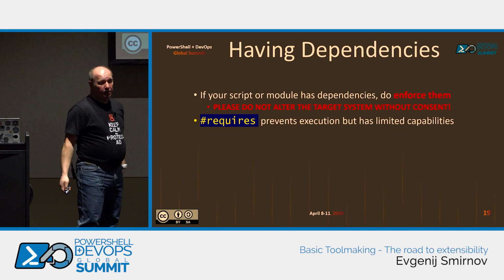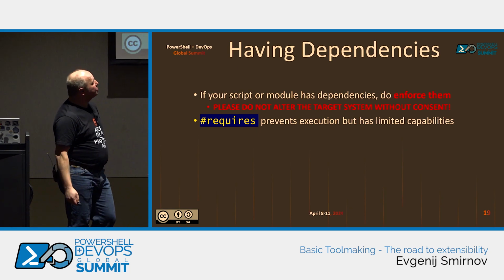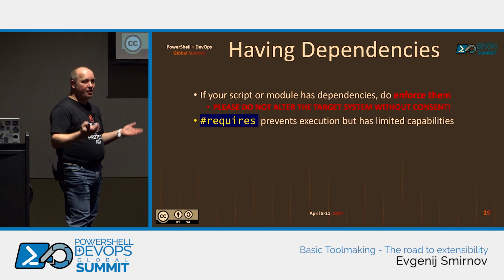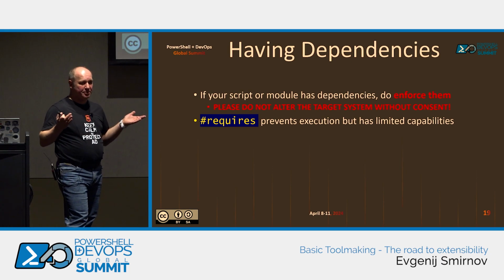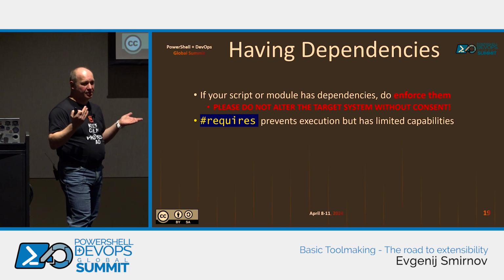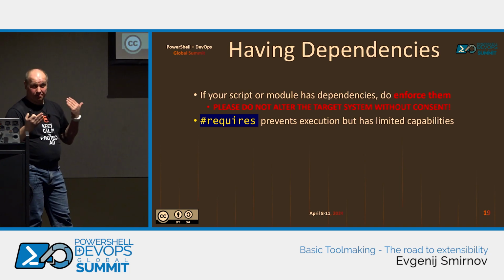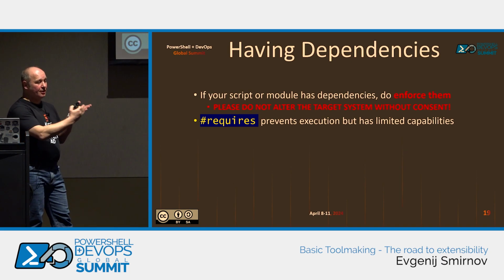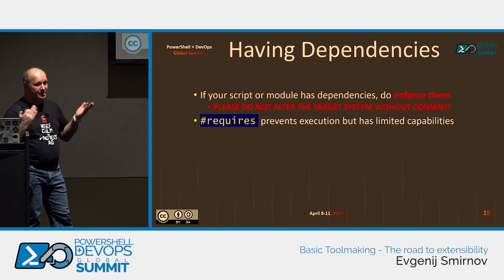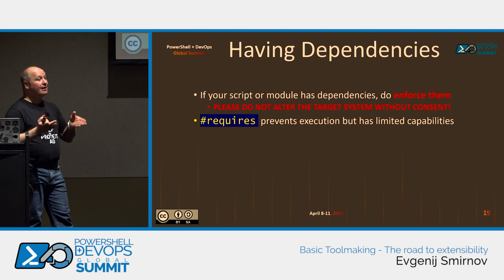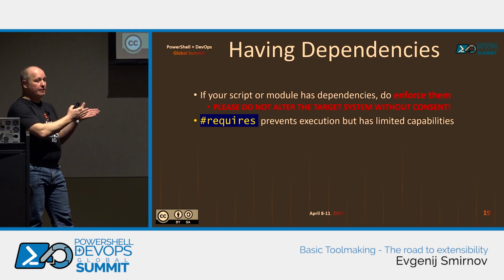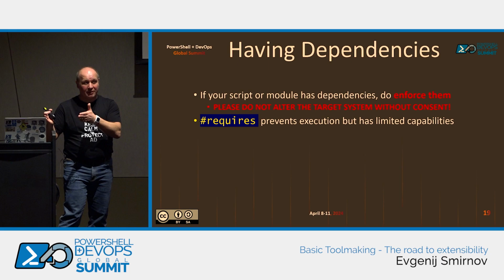The requires clause is a very good addition to PowerShell. It's a very, very early breakout. The script or module will not get executed at all, but it also goes only so far. Because especially if your module or script does several things, some of them require running as administrator, some of them don't.